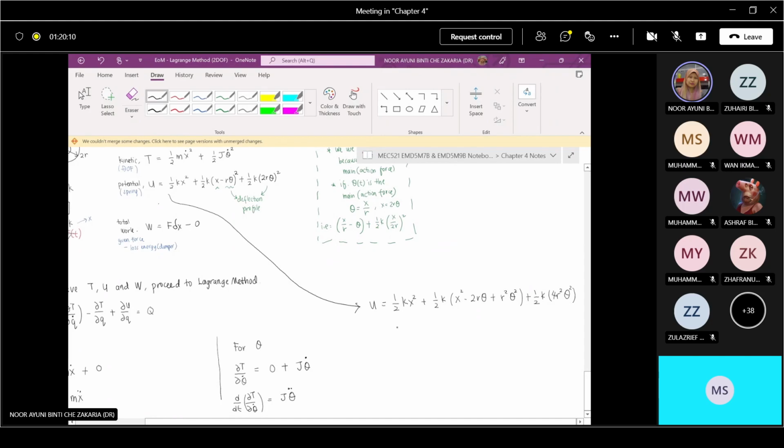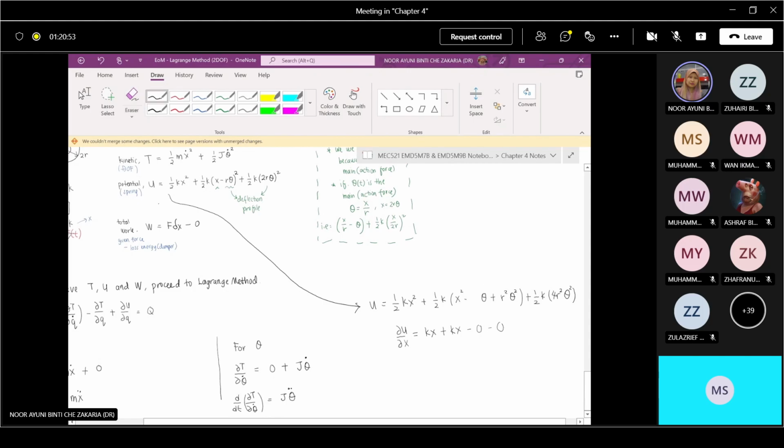Okay, so let's do it here. Partial derivative of the potential against x. Against x, kita dapat k with x plus k with x minus 0 minus 0. Sorry, saya salah. Rx theta lah.